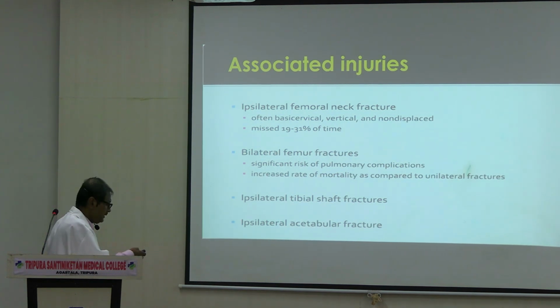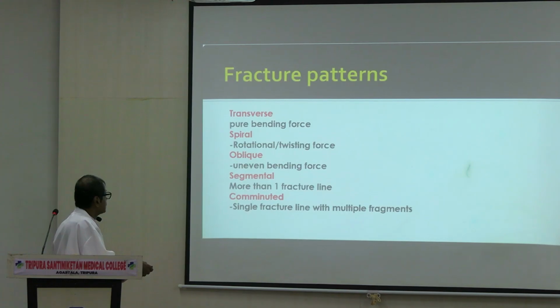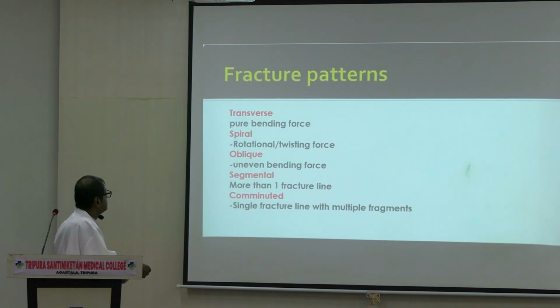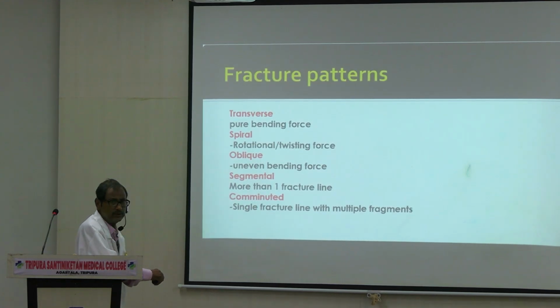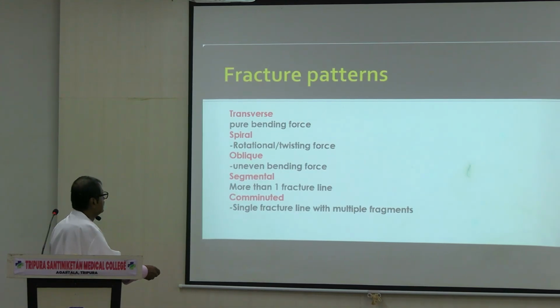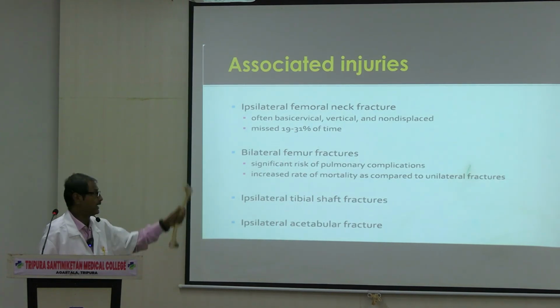So there are many combinations and permutations. Take how it occurs: bending force, rotational injuries, oblique; these are important for reduction. If you know the type of fracture and how it occurs, the rotational force, then only you can reduce it under image.